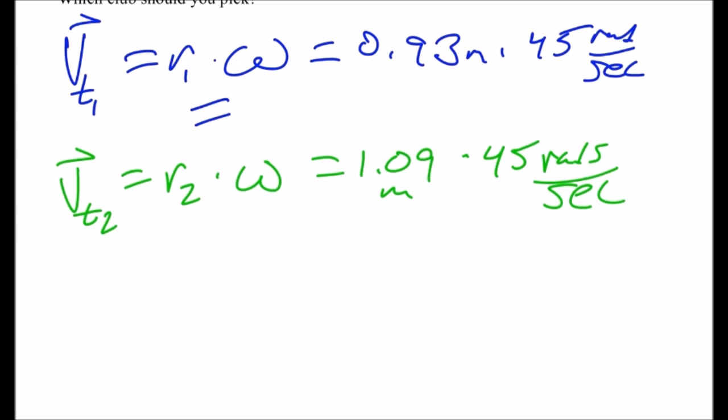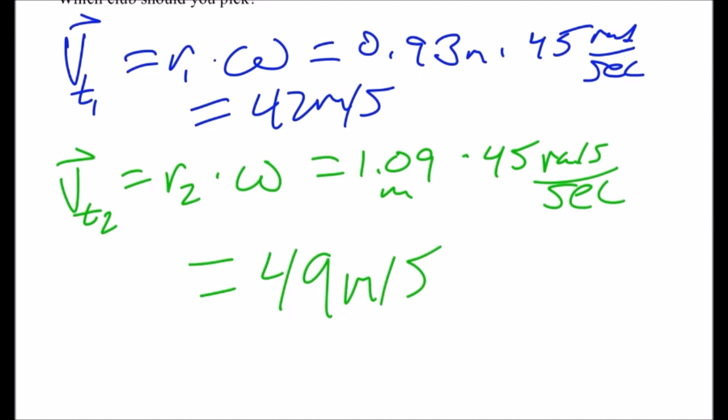Not within, not even if it was within 1 sig fig, no. All right, good try there, Graham. What do we get for the tangential velocity of club 1? Siobhan? 42 meters per second. There you go, 42 meters per second. Who's got the tangential velocity of club 2, please? Josh? 49. Okay, so which club should I pick? Club 2. Very good.